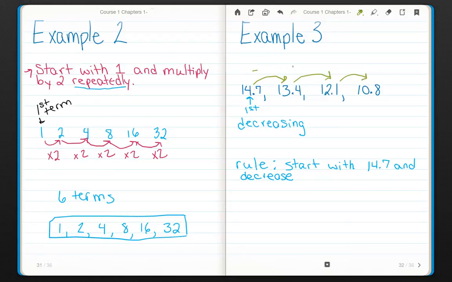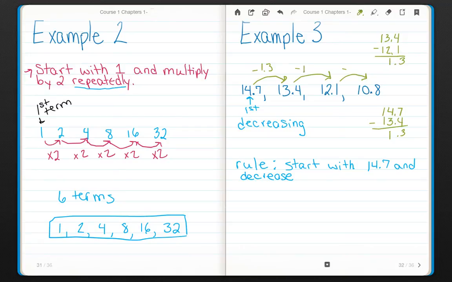In order to do that, because I'm decreasing, I'm going to go ahead and subtract. So if I have 14.7 minus 13.4, I get minus 1.3. But in order to prove that it's a pattern, you need to find at least 3 consecutive differences. So then I take 13.4, subtract the next term, which is 12.1.